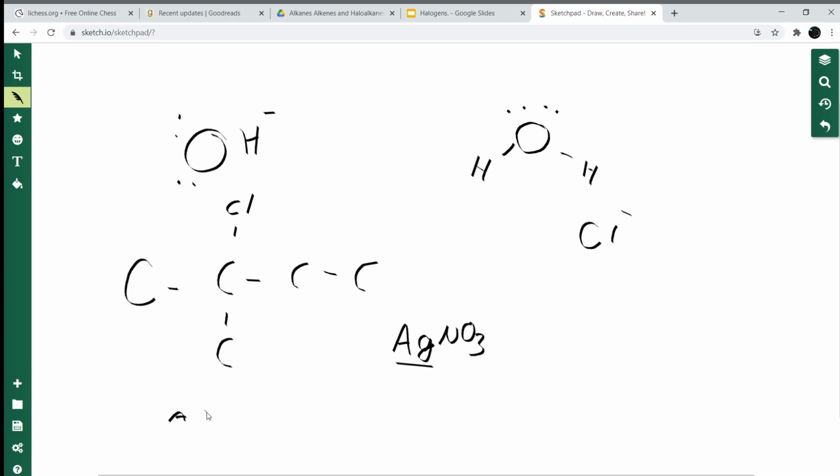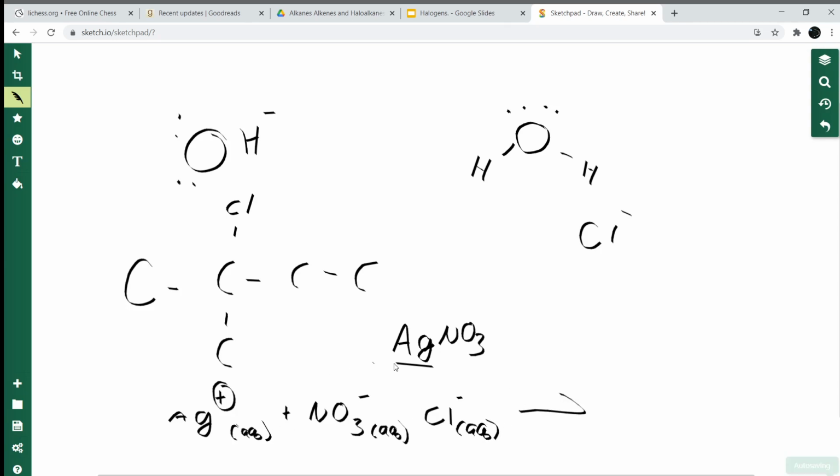Okay? And in fact, what we have is the silver, which has a positive charge, and it's going to be aqueous. We have the nitrate, which has a negative charge, which is aqueous. And then we have also added to this the silver ion, and the silver ion normally is aqueous as well.